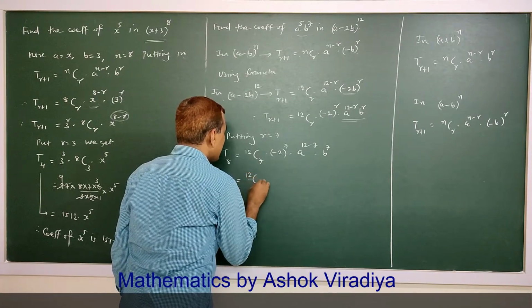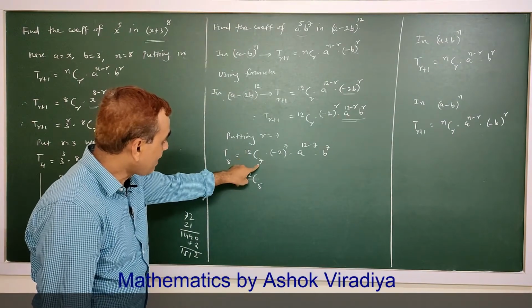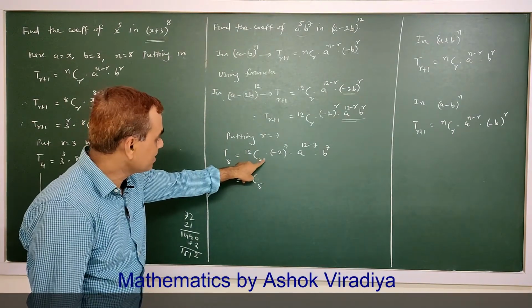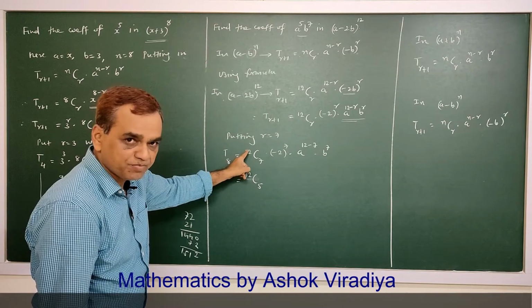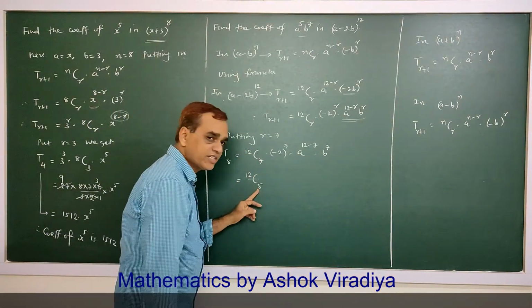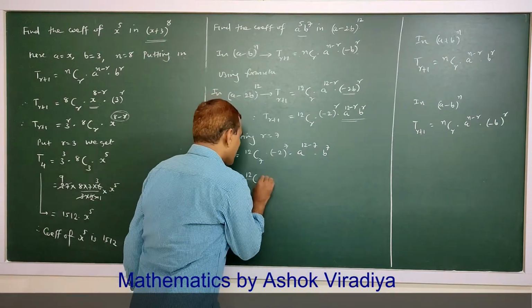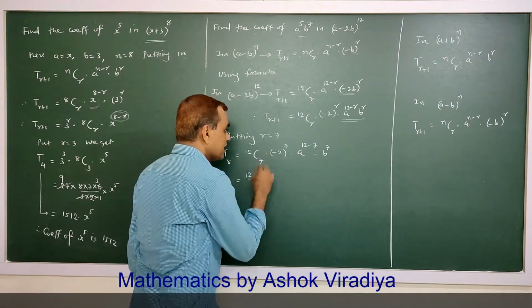12c7 is 12c5. This is more than half of 12. If this number is more than half of this number, then we use the property nCr is nC(n minus r), so it becomes easy, into minus 2 raised to 7.